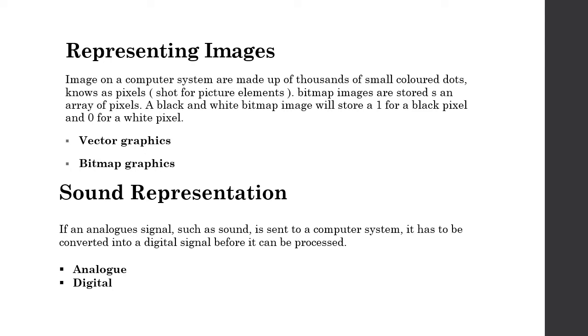To do this, sound is captured, usually by a microphone, and then converted into a digital signal. There are also two types: analog and digital. Sound waves are analog, which means that they continuously change. A computer cannot store analog signals.